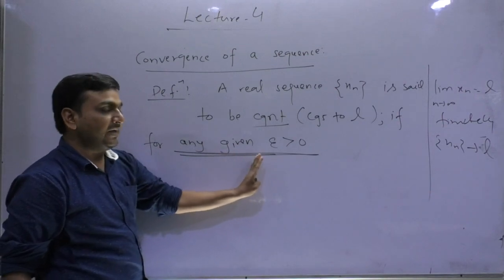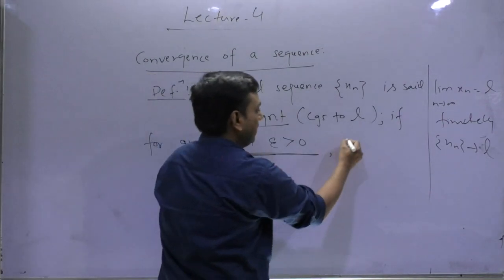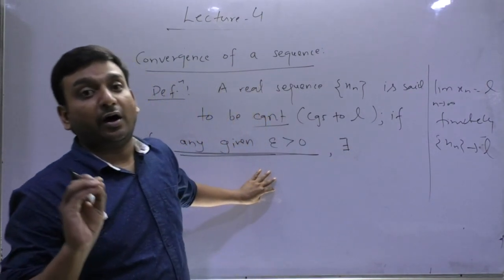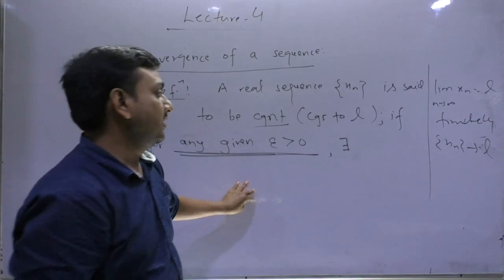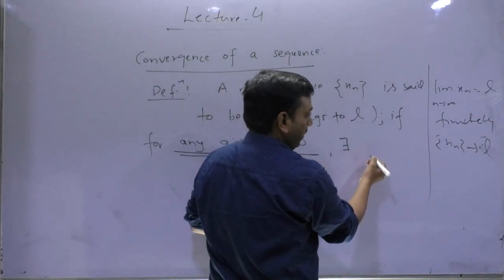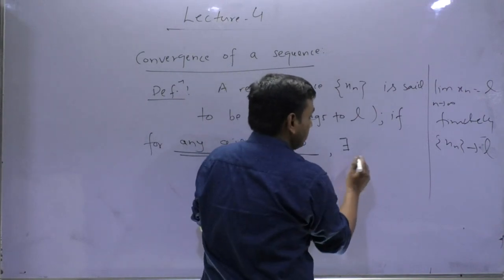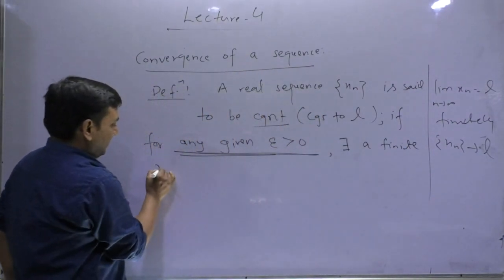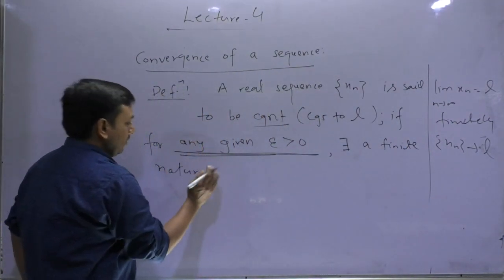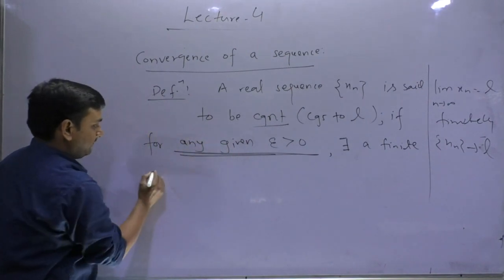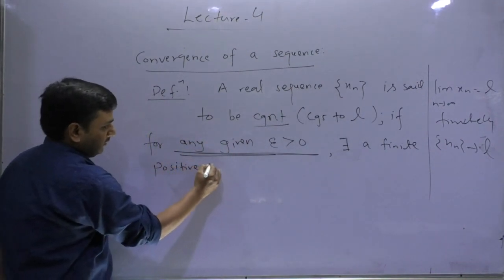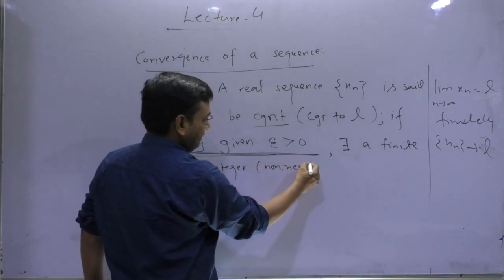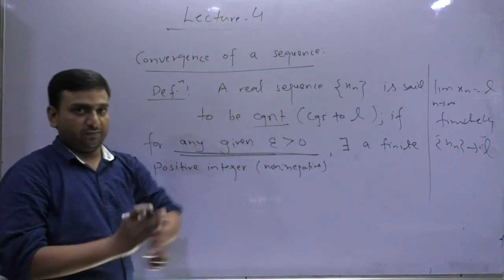For any given epsilon greater than 0, there exists, and when I say exists, it simply means a finite number. There exists a finite natural number, or positive integer, or maybe non-negative also, because a sequence may start from 0 as well.